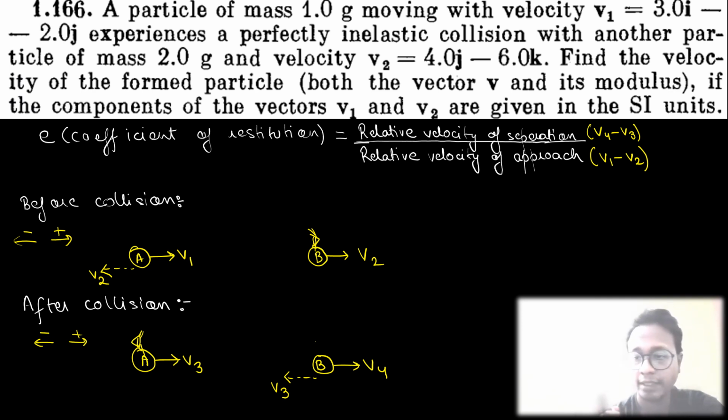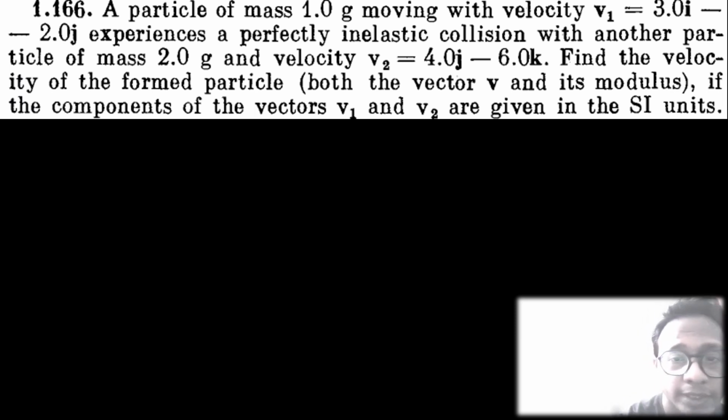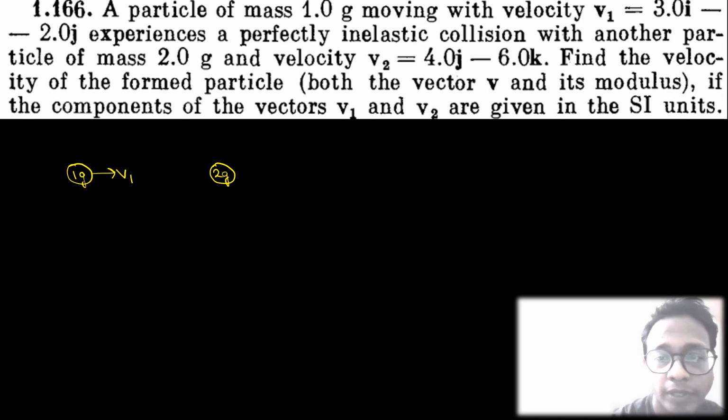In this question, a ball of 1 gram moves with velocity v1, given by 3i minus 2j, and experiences a collision with another particle of mass 2 gram with velocity v2, given as 4j minus 6k.